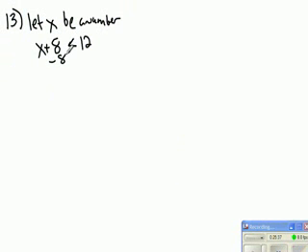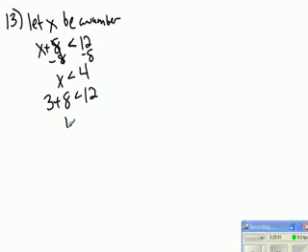So to solve that, I would have to subtract the 8, and I would get x is less than 4. Pick a number less than 4 so you can check it. So 3. 3 plus 8 is less than 12. 11 is less than 12. That's true. So my answer works.